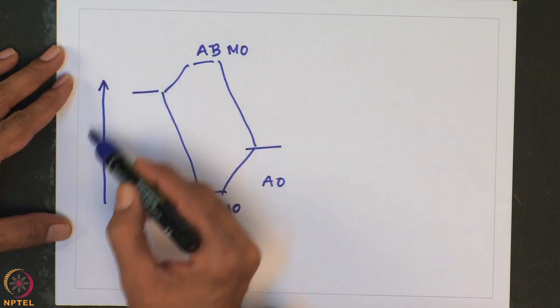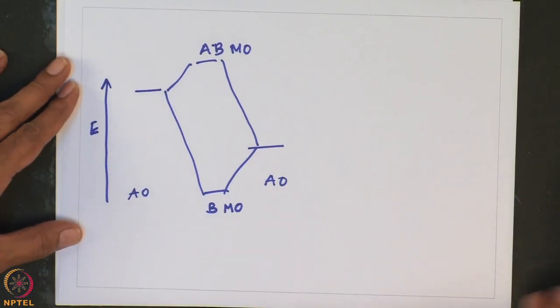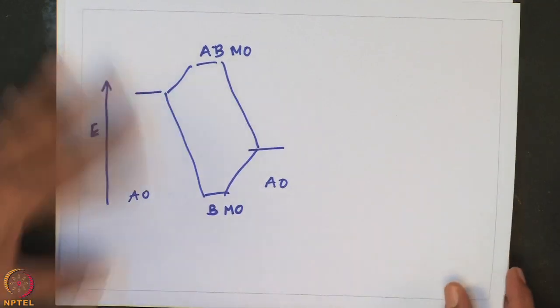That is the reason I am telling you we should be extremely careful in always mentioning this arrow, which indicates the energy of the orbitals. Now, let me consider one such molecule, that is NO. We have N and O. N is a little less electronegative compared to oxygen. Let me write the MO diagram.